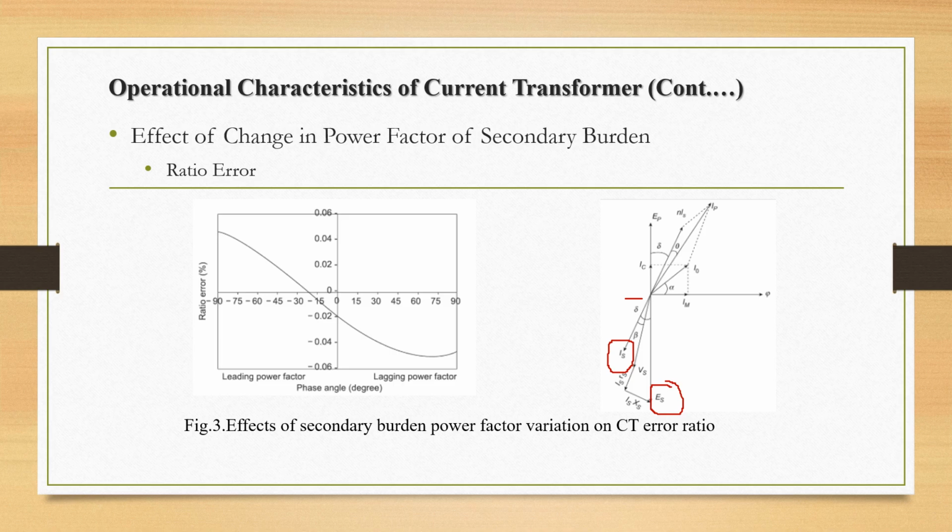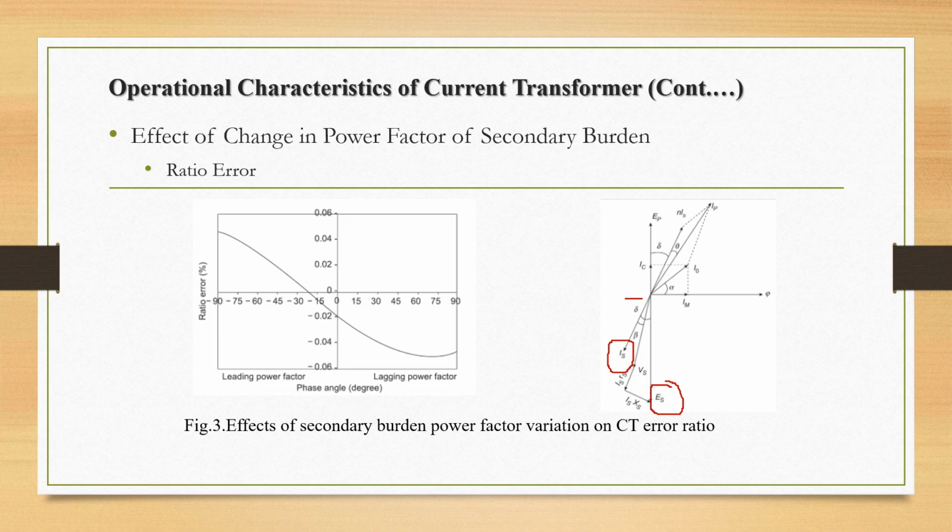Under this condition, the actual transformation ratio is always greater than the turns ratio, and thus, as a result, the ratio error will be negative for lagging power factor.